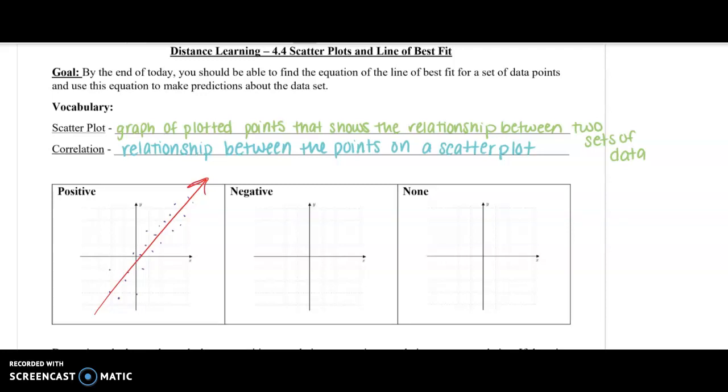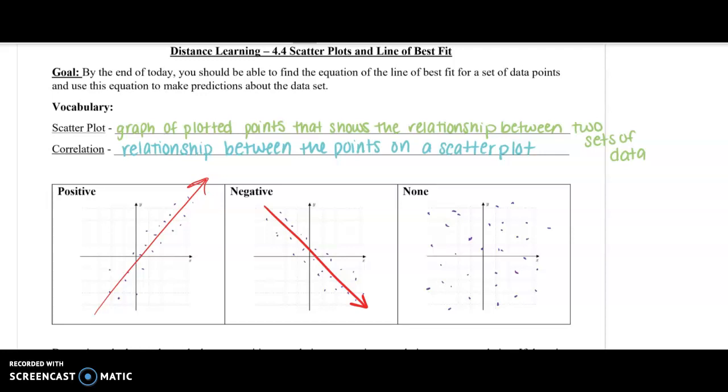A negative correlation is going to look like they are all moving in a downward direction. And then none means they are just scattered all over the place. There's no way you can figure out which direction it would be going because it looks like it's going in all of the directions. Okay, so positive, negative, and none.